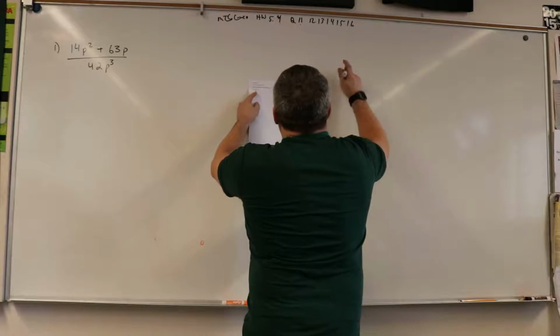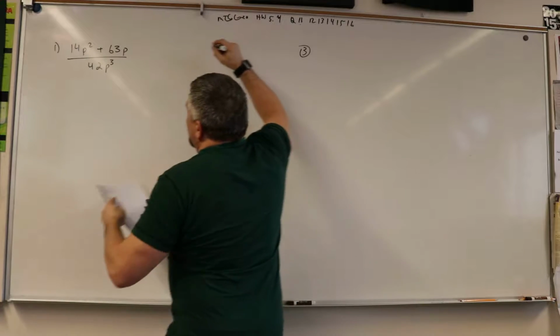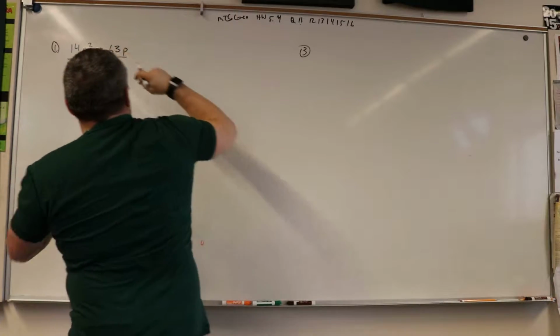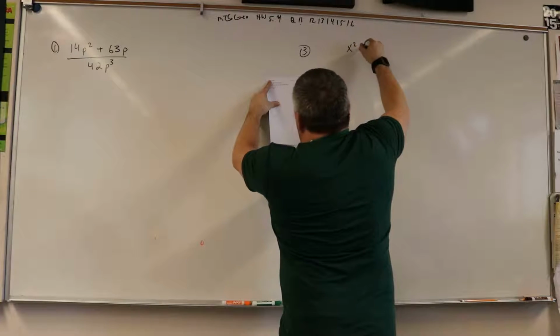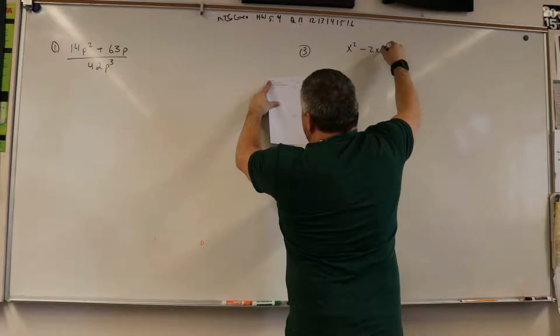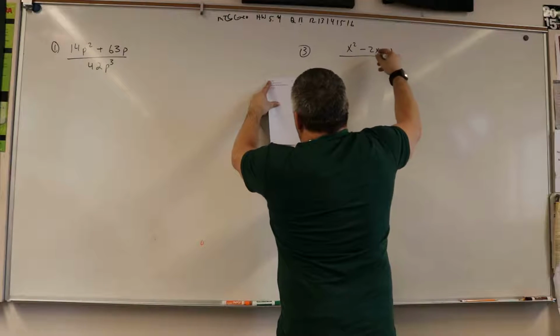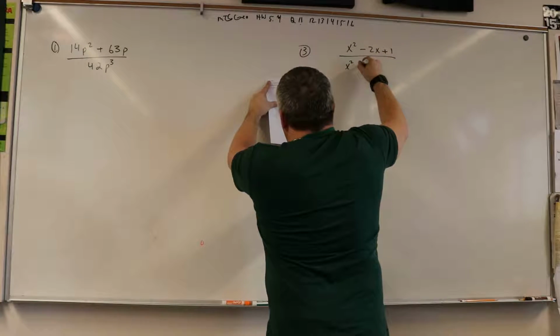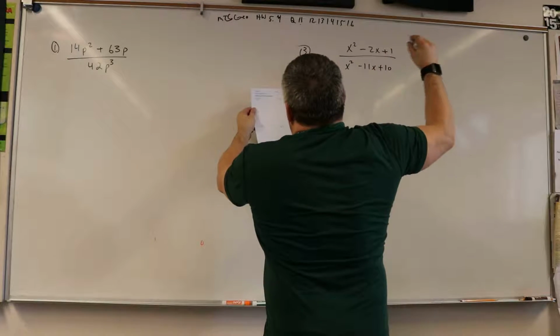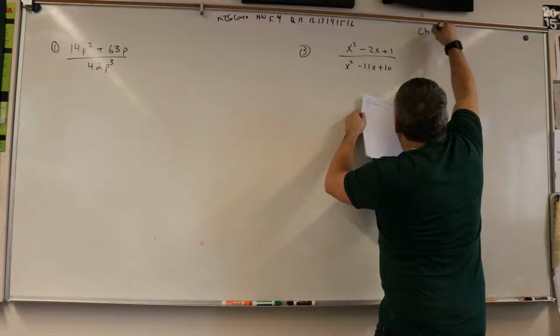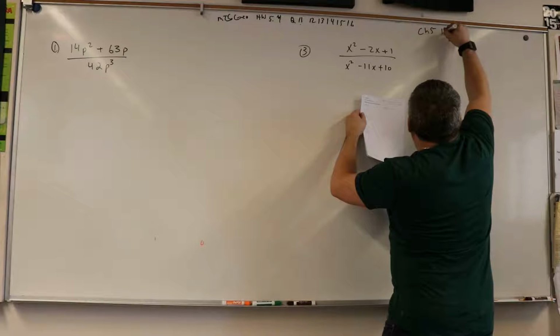Problem 3 is x squared minus 2x plus 1 divided by x squared minus 11x plus 10. And this is chapter 5, practice test.